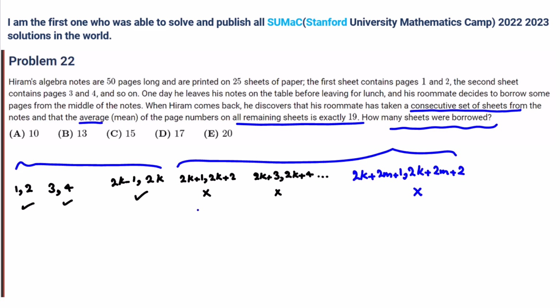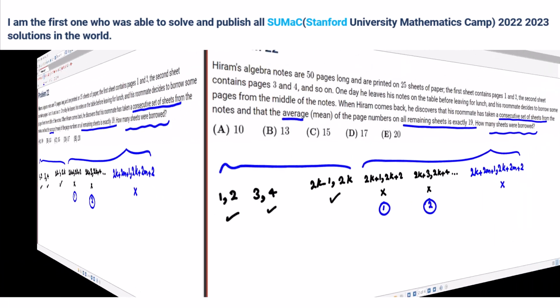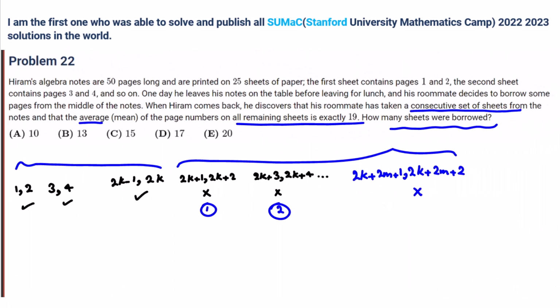Now it will be what? How many pages do we have then? 2m and m. Can you tell me how many pages do we have here? It is our first page, second page that we remove, and it is which page? Wait, how many pages is a sheet?